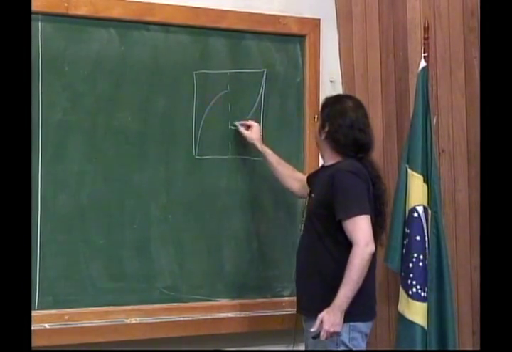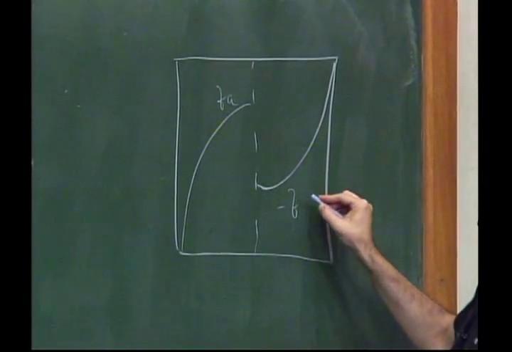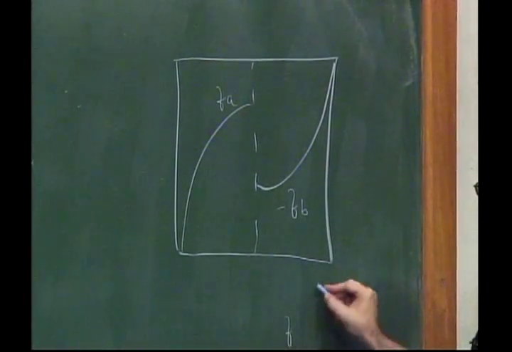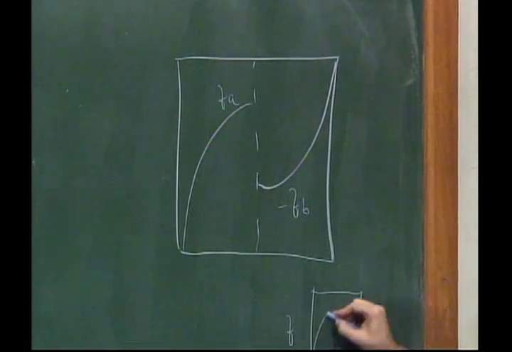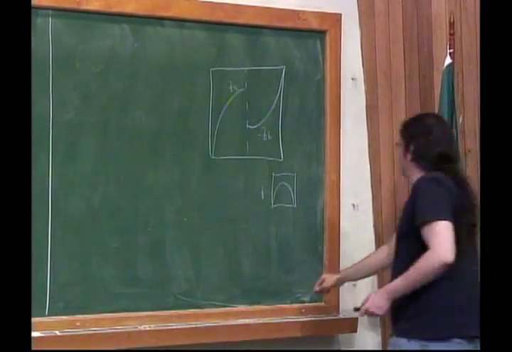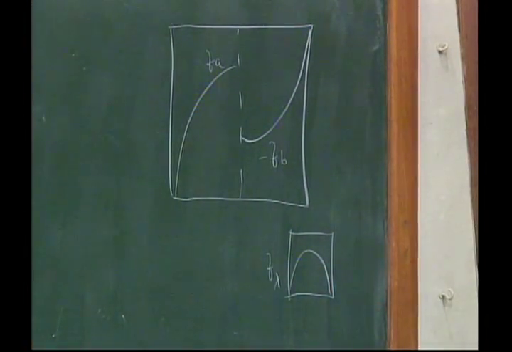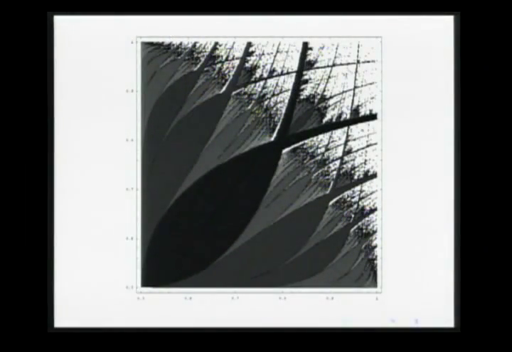consider, for example, if you take F_a and minus F_b, where F would be the usual unimodal one, F lambda would be this. Okay, this is the scenario of the kind of things you have. And this, indeed, in this diagonal here, you see a cascade of bifurcations, of period doubling bifurcations.